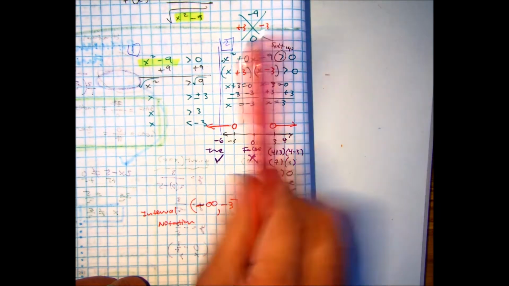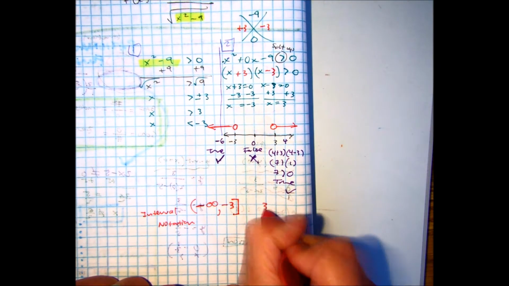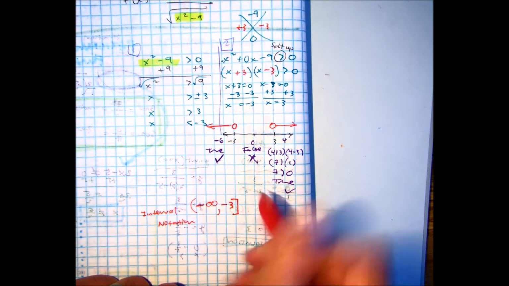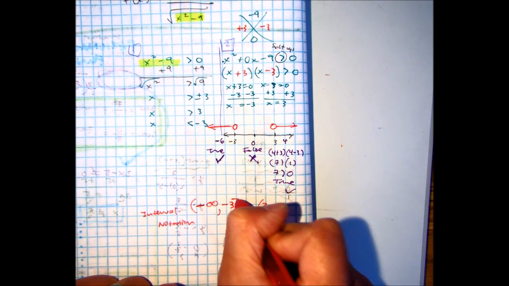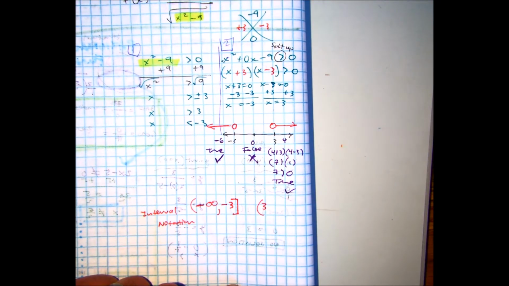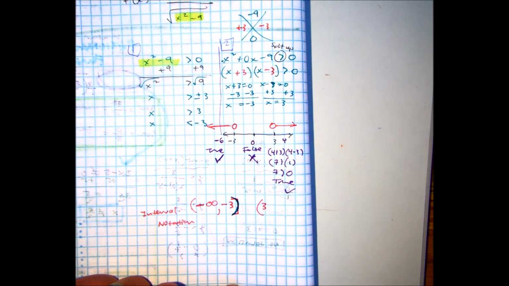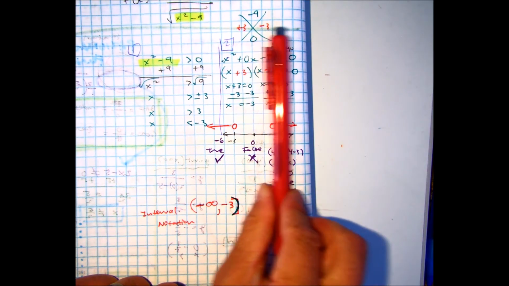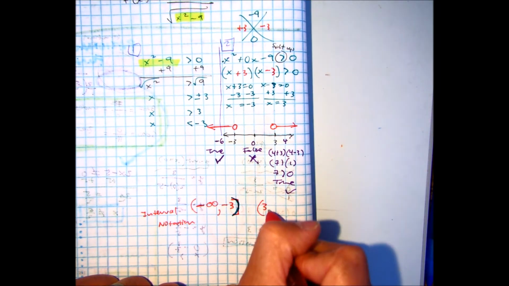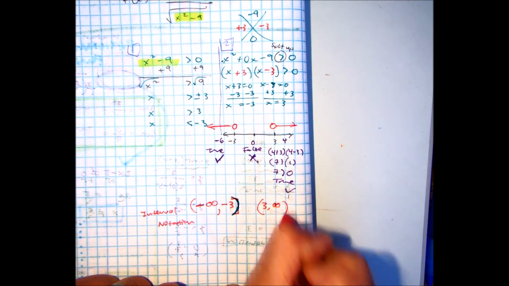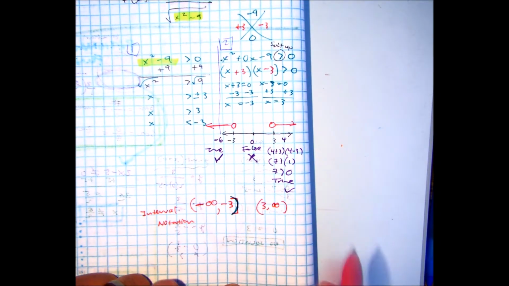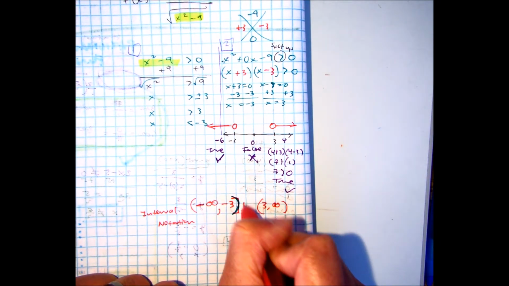I start at 3, parentheses or bracket. It should be a parentheses. Who told me that? Look what you did. Okay. Keep going. Goes to where? Positive infinity. And then to join those two together, you have union.